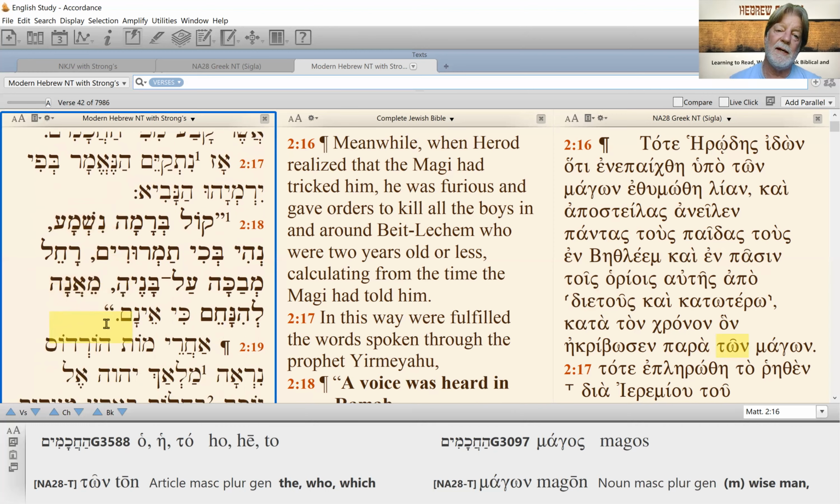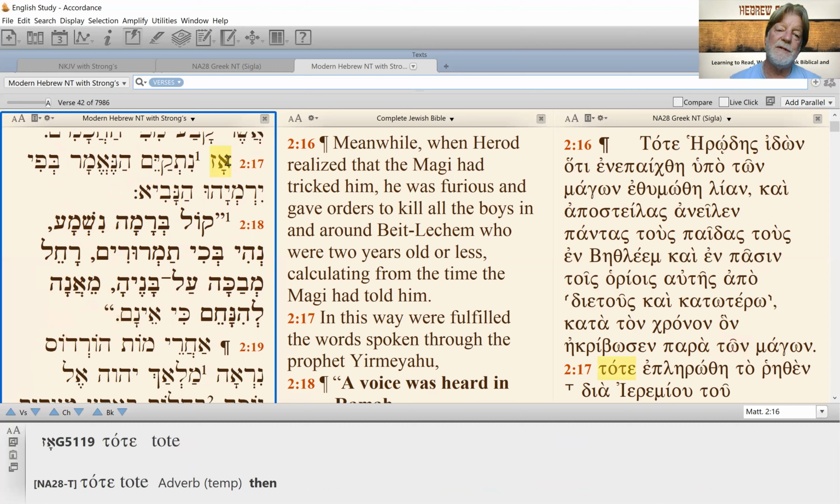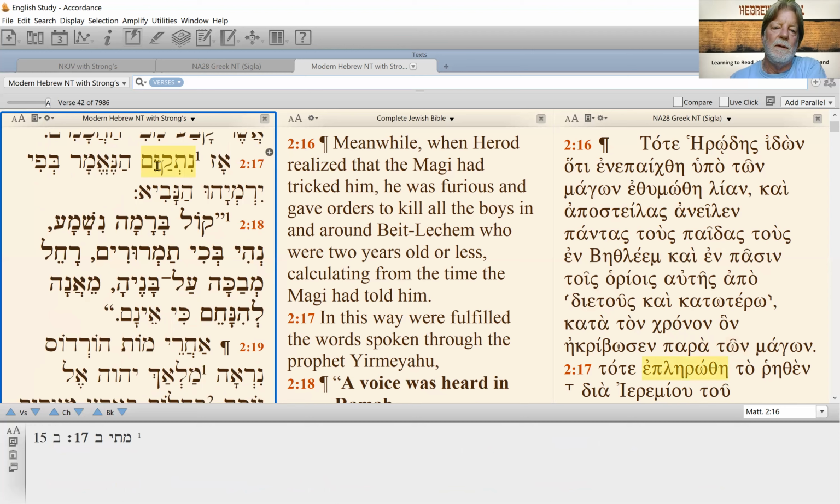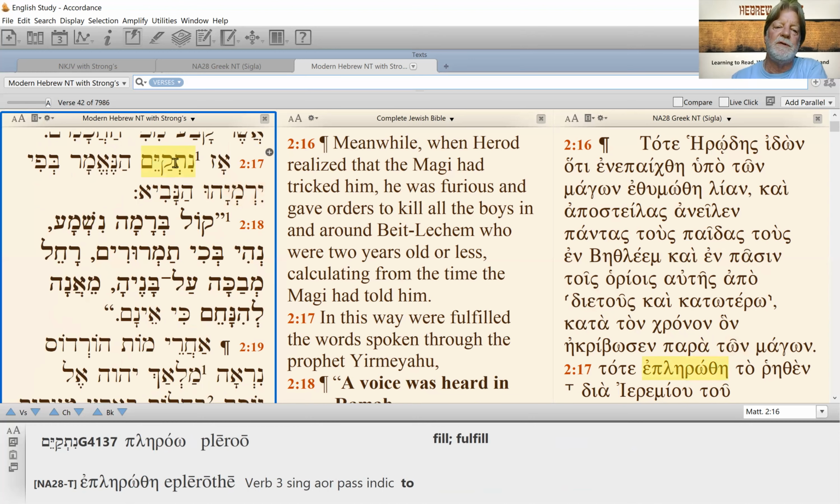So Herod's a bad guy. Az, then, nitkayem, then arose, no, actually, this is an example of this was fulfilled.